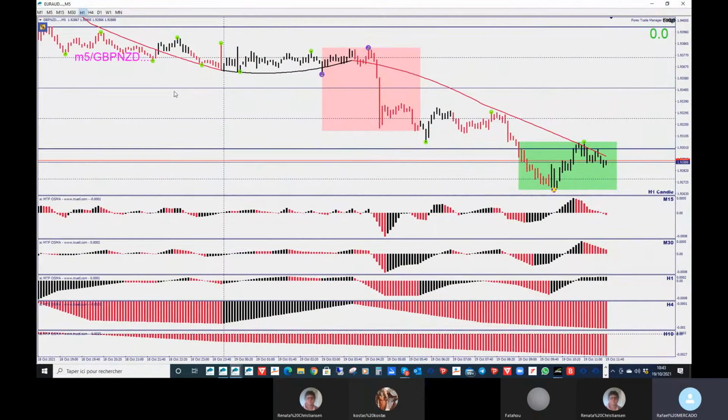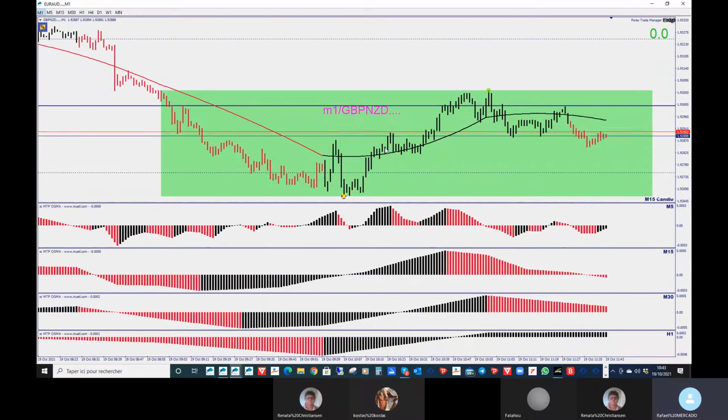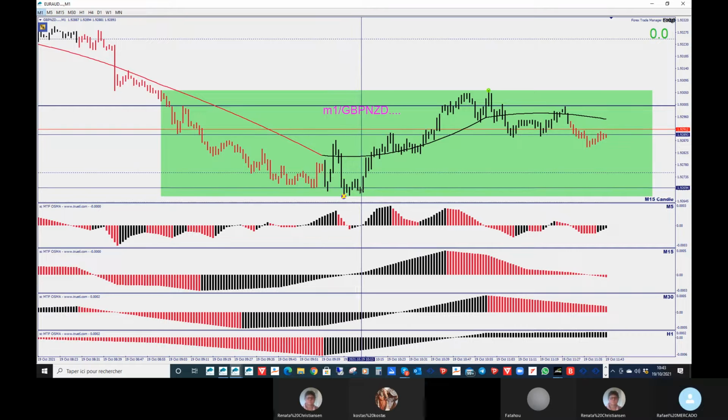But he said that it was the best one. Let's look at why. So he has an entry like here for 4 or 5 pips in the pound New Zealand. That is nothing, and it goes for 30 pips.